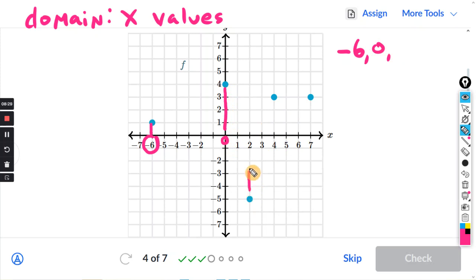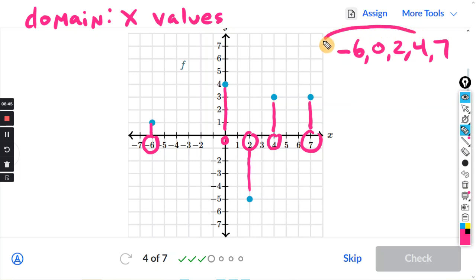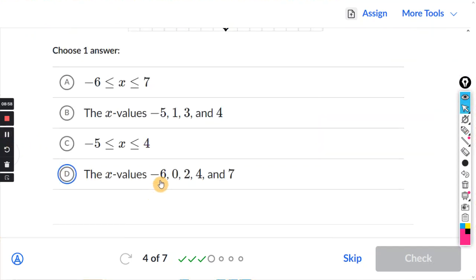This point here is at 2. This one here is at 4. And this one here is at 7. So that's it. There is no greater than, less than. These are just points. It's not continuous. There's nothing in between. So there's your answer. -6, 0, 2, 4, 7. There you go.